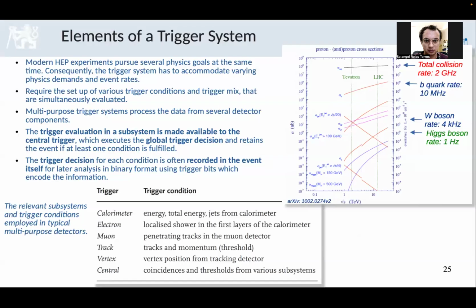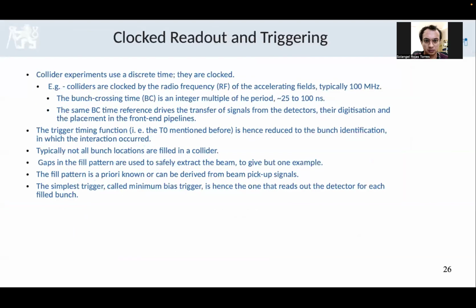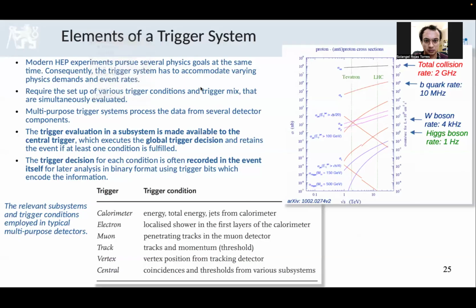In a calorimeter you can trigger by jet size, for example, for jets, or for muons in some muon chambers.